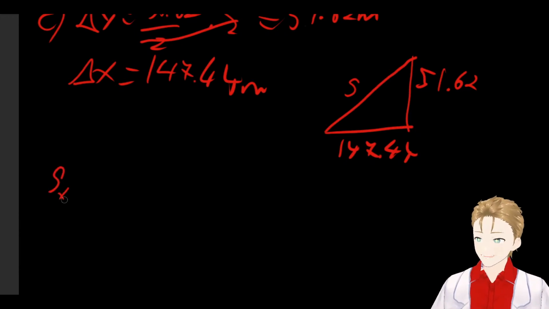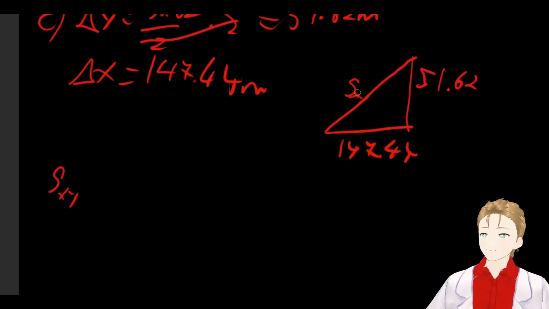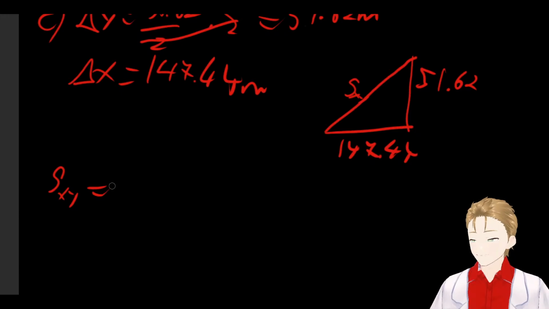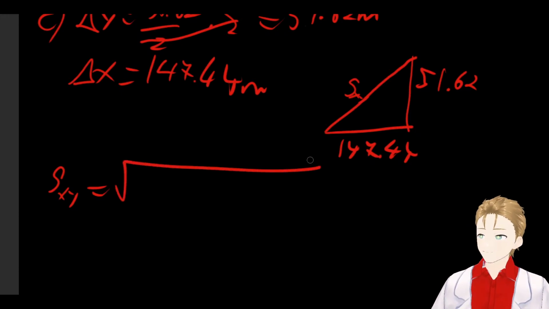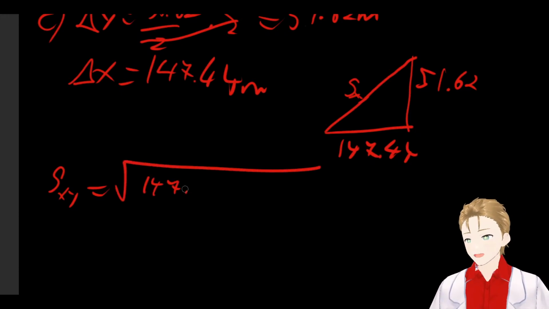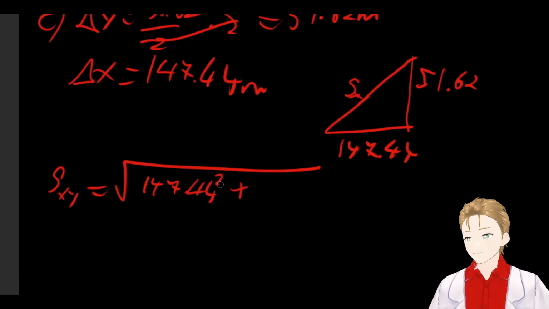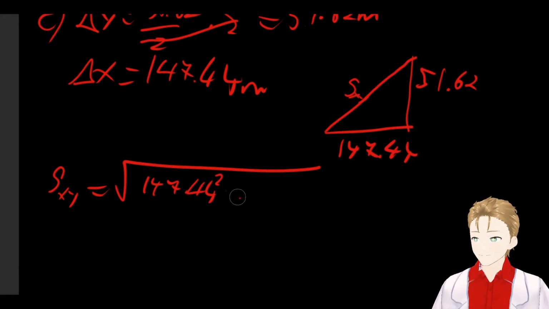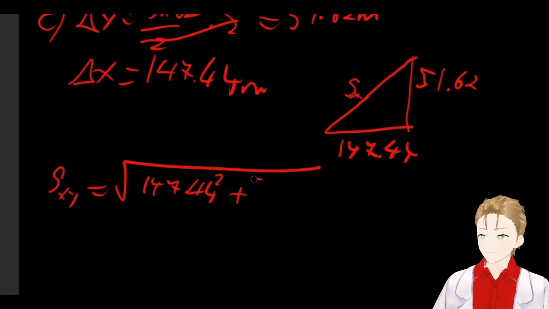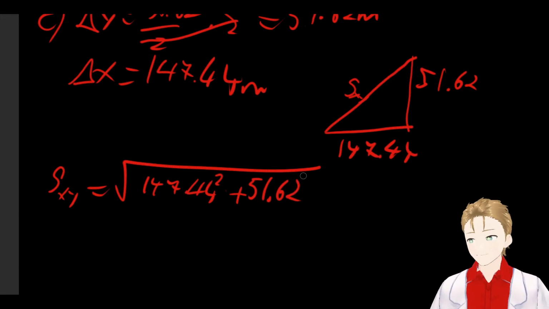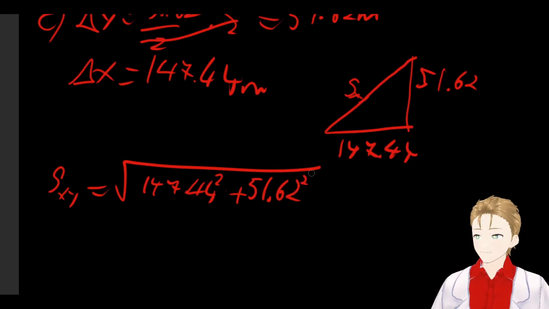The distance xy, let's call it xy. Sub xy is the square root of 147.44 squared plus 51.62 squared. What's the sum?